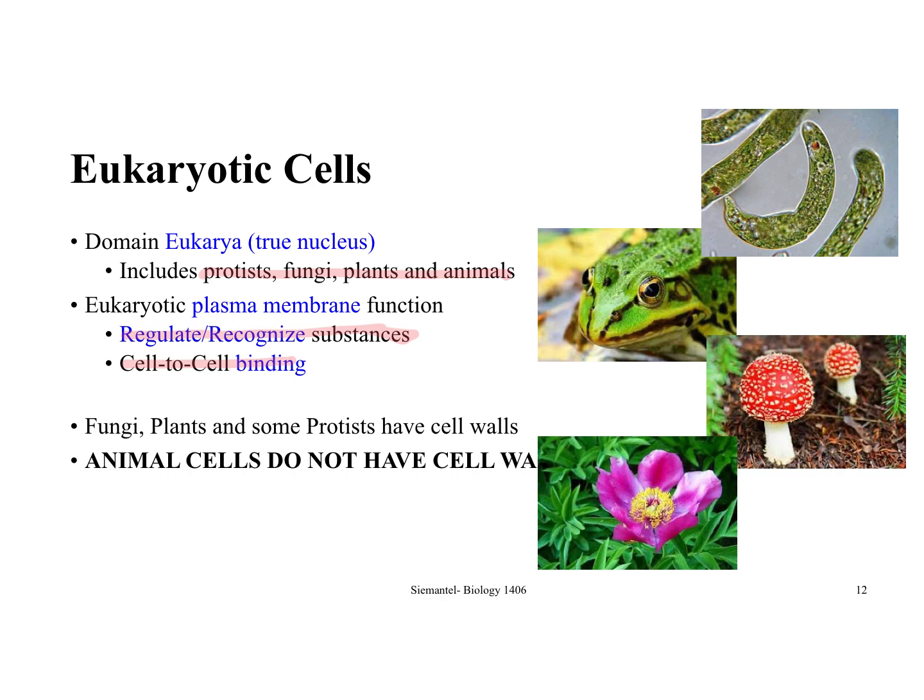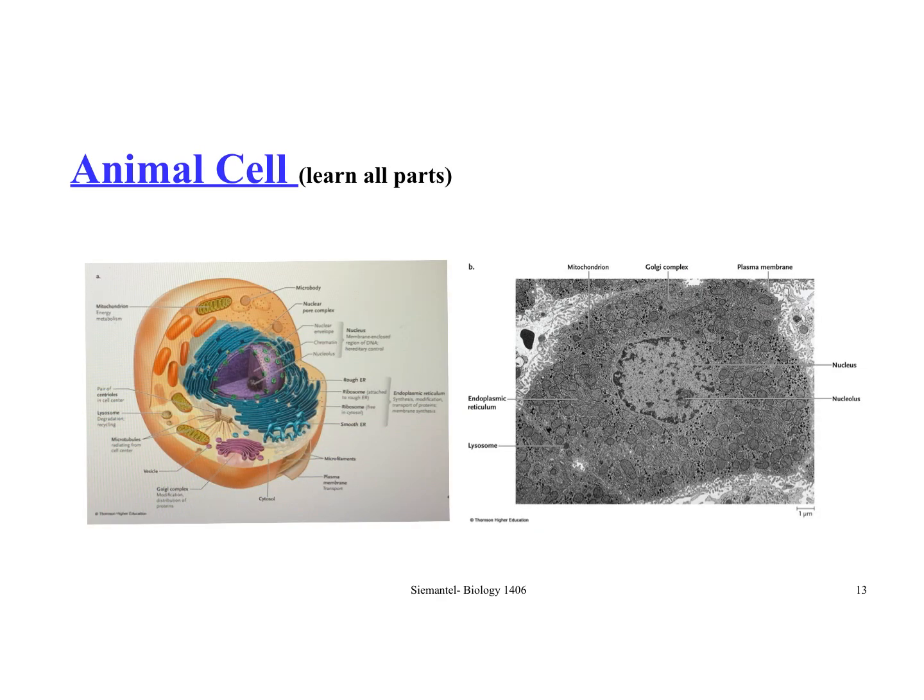Now, fungi, plants, and some of the protists are going to have cell walls, but everybody else doesn't. They just have the plasma membrane. Okay, so animal cells do not have cell walls. Important to know.